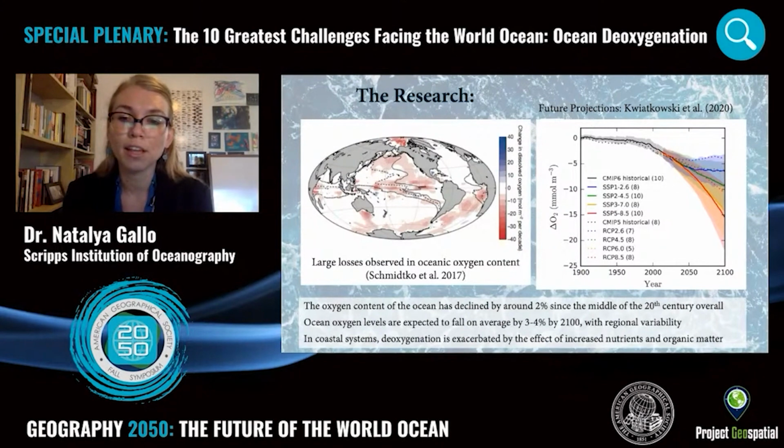In the figure on the right, you can see climate model projections for oxygen loss for the most recent climate model comparison. Oxygen declines throughout the 21st century, but less oxygen loss occurs under the most ambitious climate policy scenarios, which you can see here in the purple and the blue lines, compared to the business as usual scenario, which you can see with the red line.